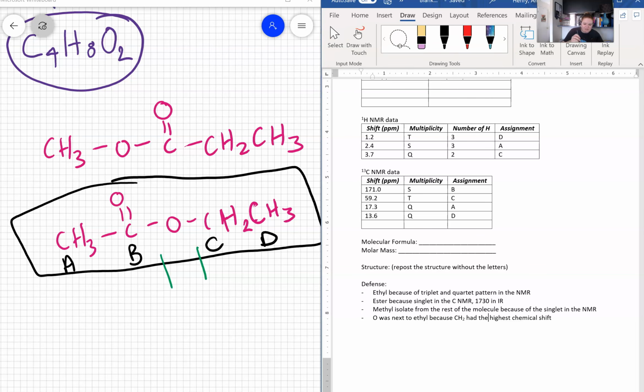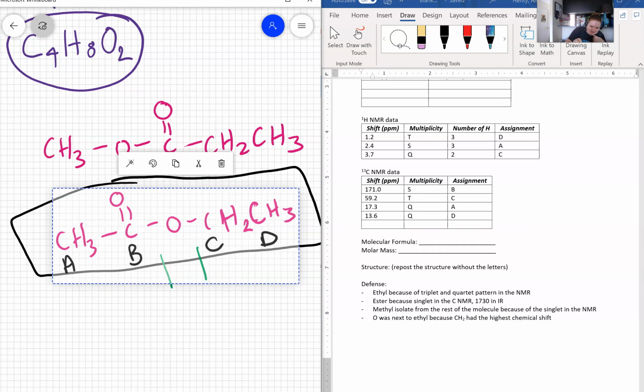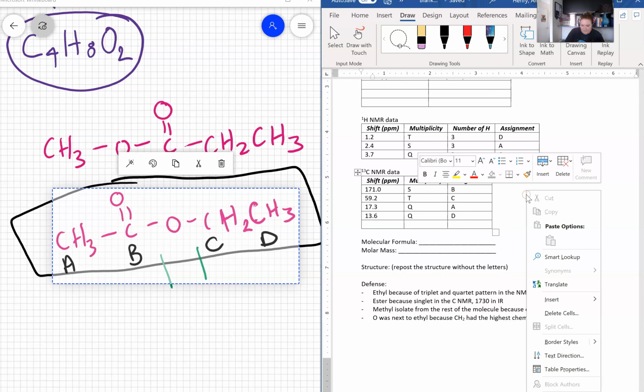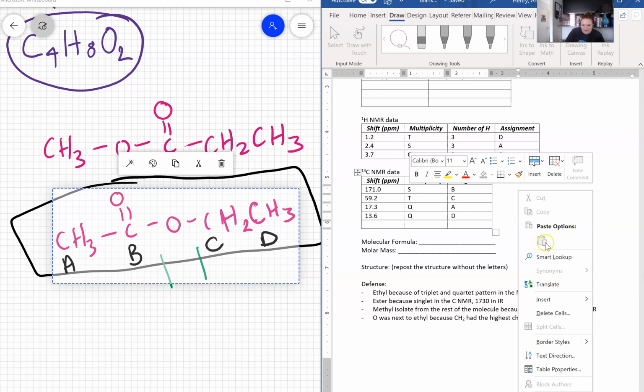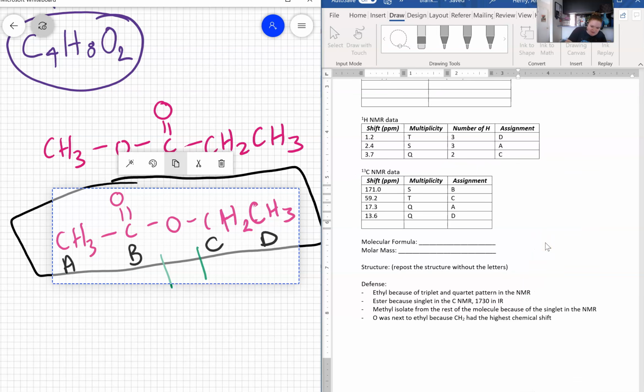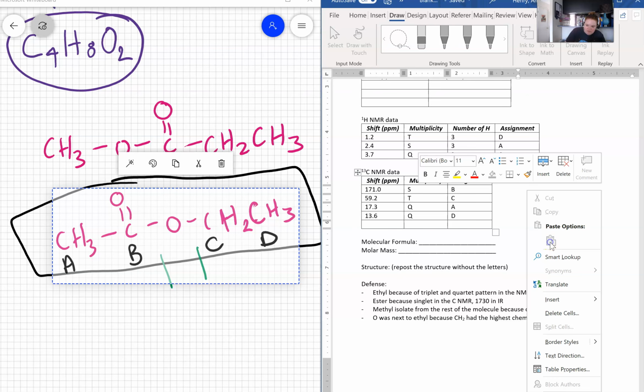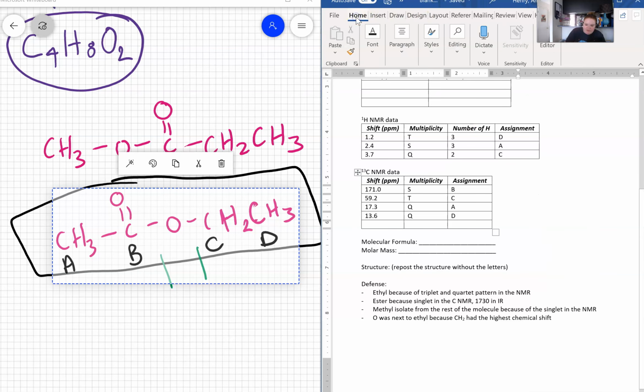You're going to put your structure on here twice though, so I'm going to copy and paste mine. I haven't done this from my little whiteboard thing, so I don't know if it's going to work into Word. I don't think it is. I think I have to play around with it a little bit more.